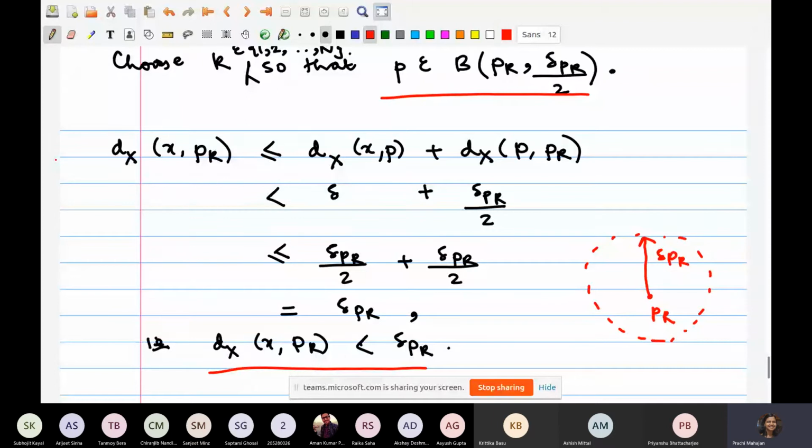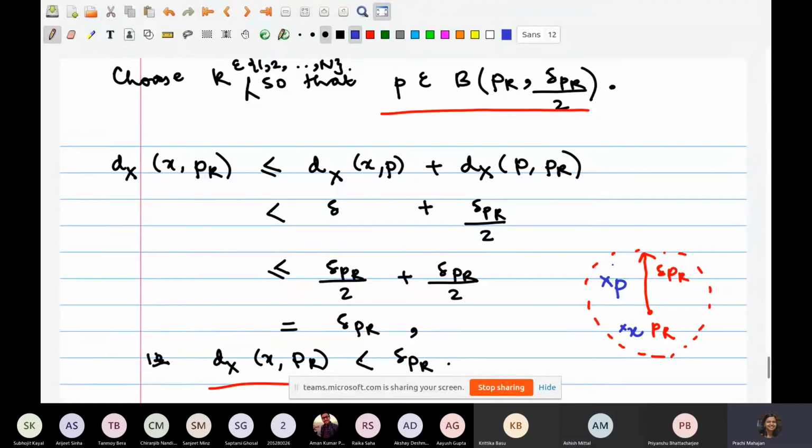P belongs to the delta pk by 2 neighborhood of pk. So P is a point here, somewhere here, and our calculation shows that x also belongs to this neighborhood. So both the points P and x lie in this ball around the point pk of radius delta pk. Is that okay? Yes, ma'am.